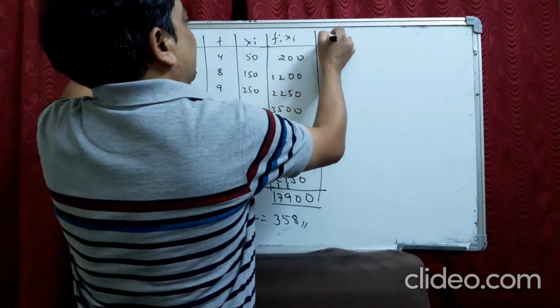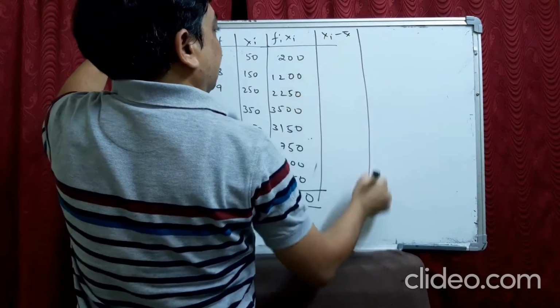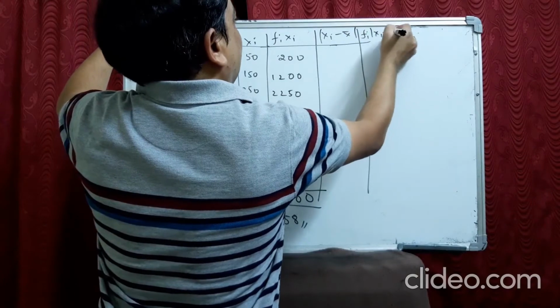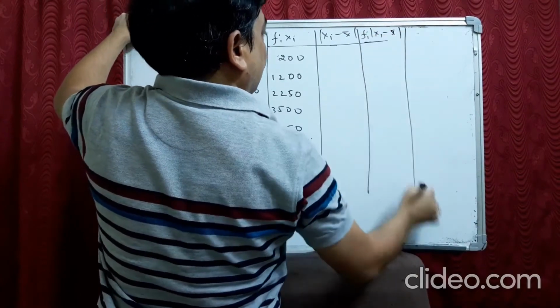Next we need x_i minus x bar. After that, f_i into mod x_i minus x bar. Then we go with the formula.